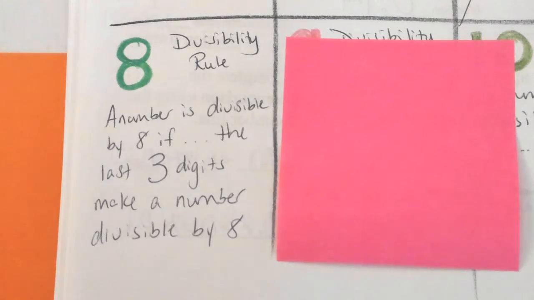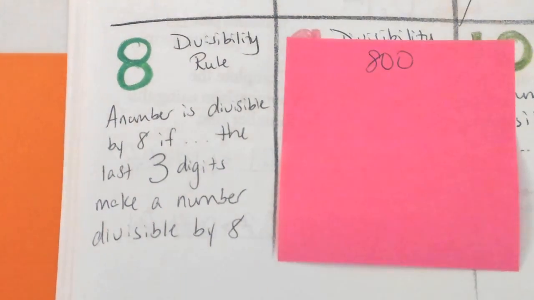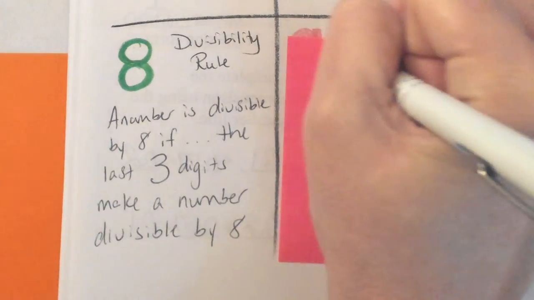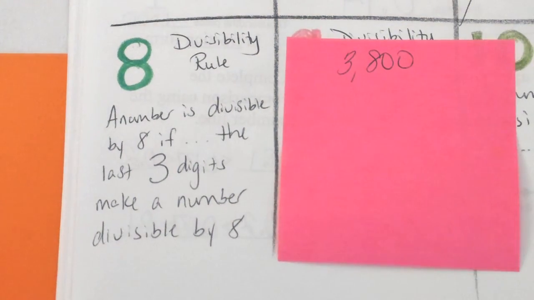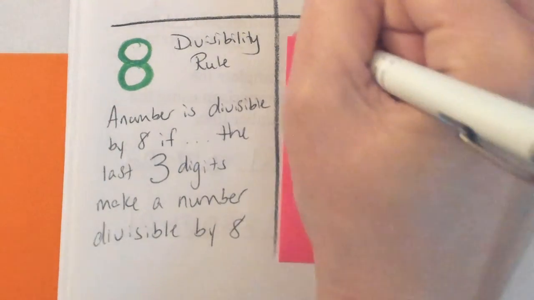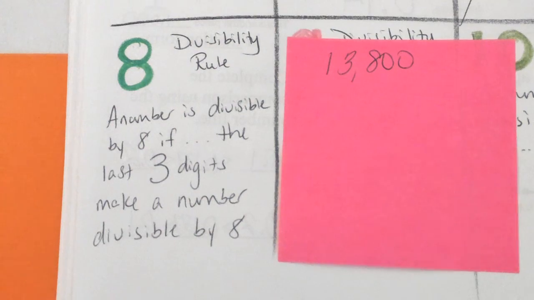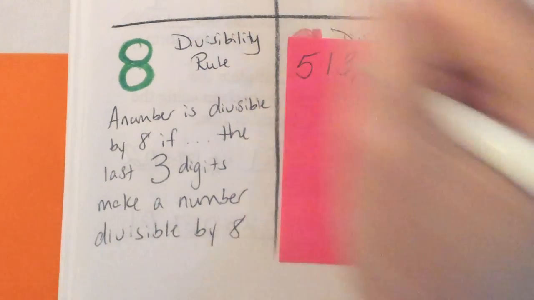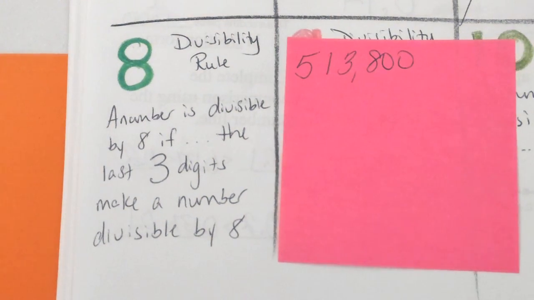So looking for an example. I know that 800 is divisible by 8. So 3,800 is also divisible by 8. 13,800 divisible by 8. 513,800 divisible by 8. If you know that the last 3 digits create a multiple of 8, then that whole big number is divisible by 8.